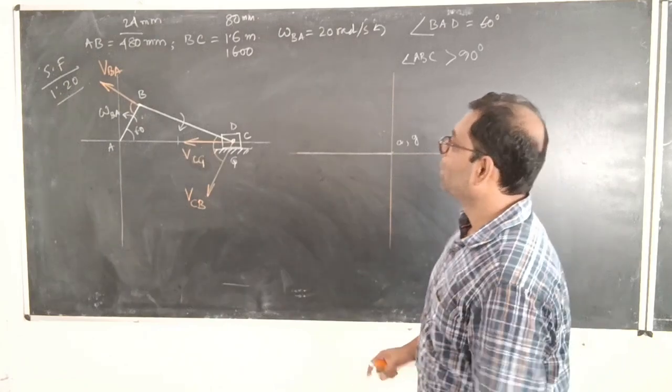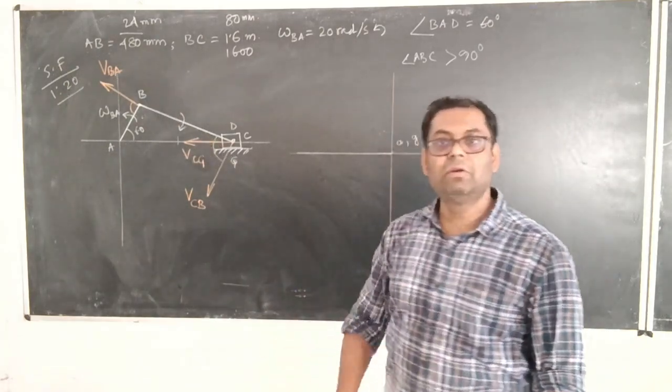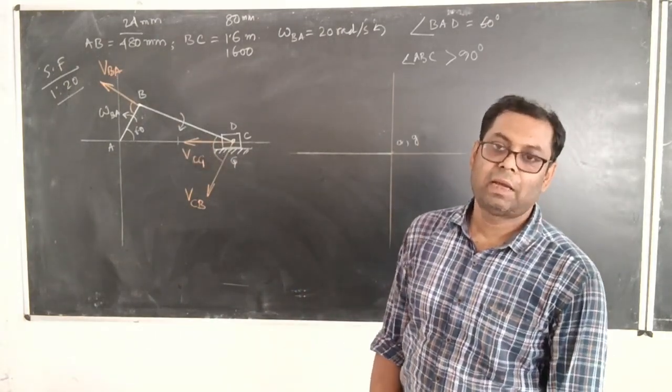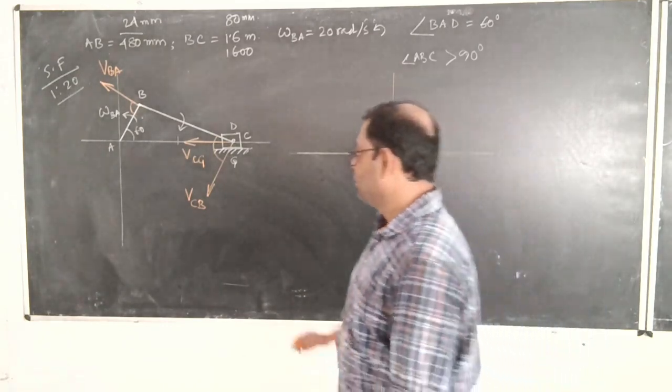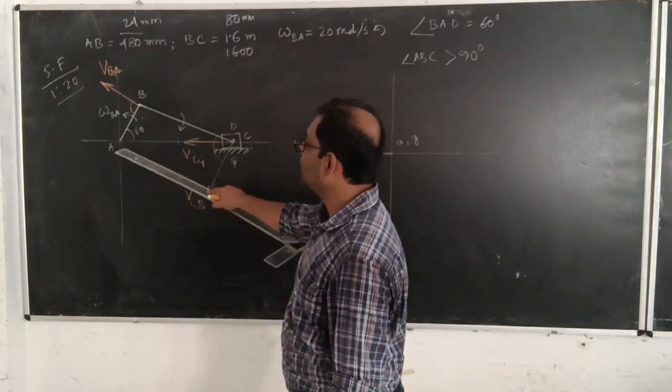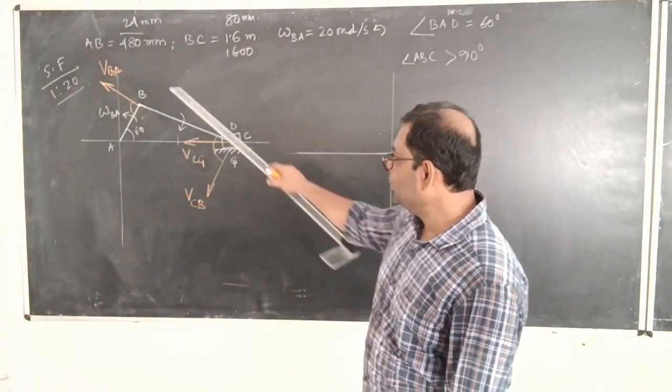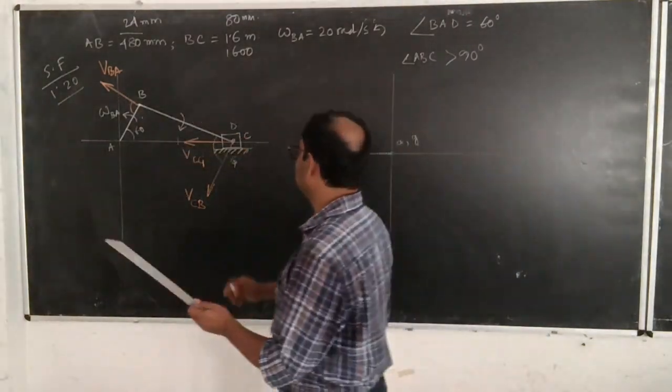But what about VBA? I know the direction, and I know the magnitude. How do I know the magnitude? Because the length AB is given. The length AB is equal to 480 millimeter.